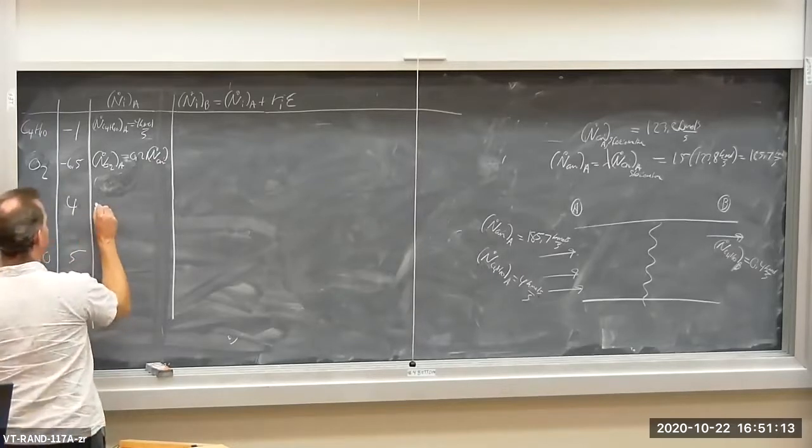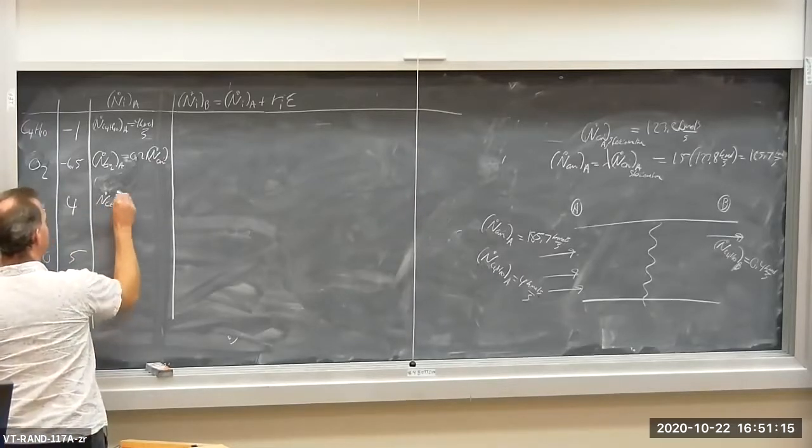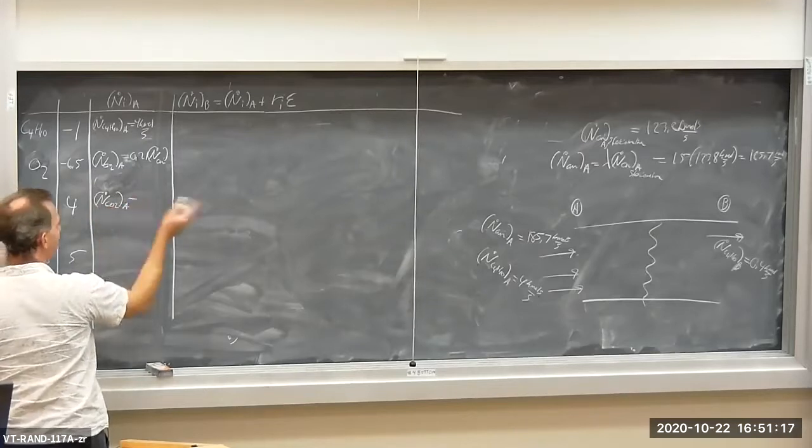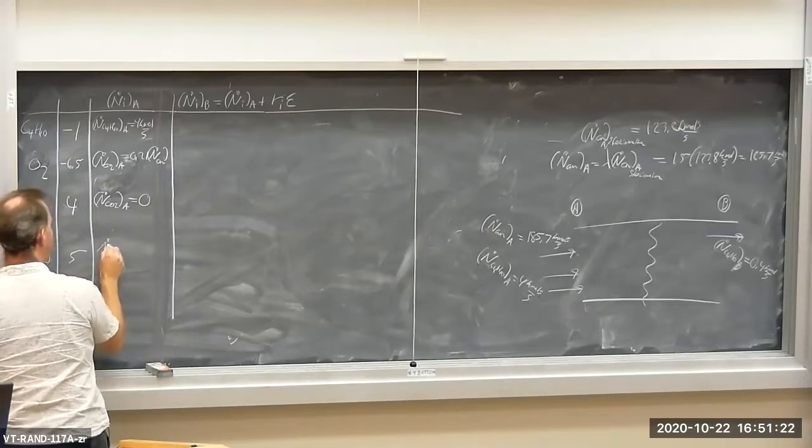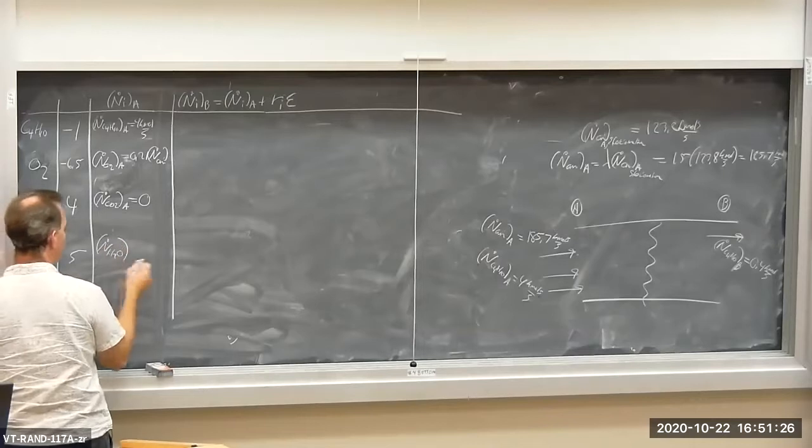There's no inlet flow of CO2 on the reactant side, so that's 0. Same thing for the H2O, no inlet H2O on the reactant side.